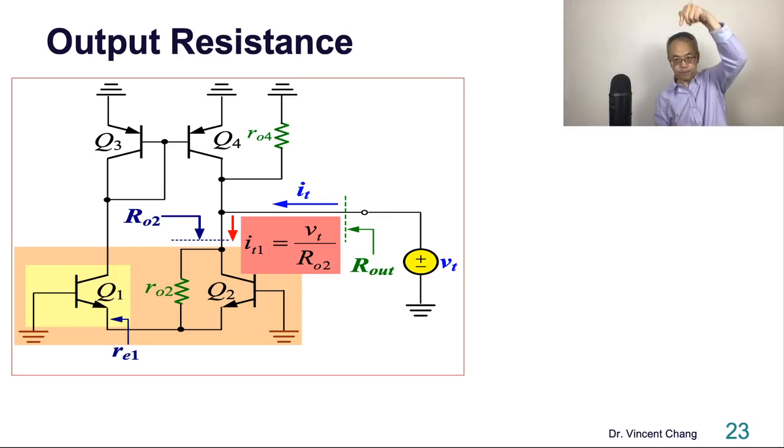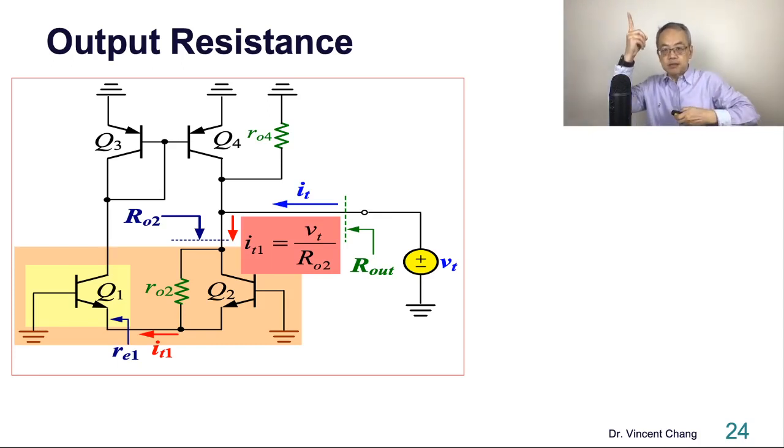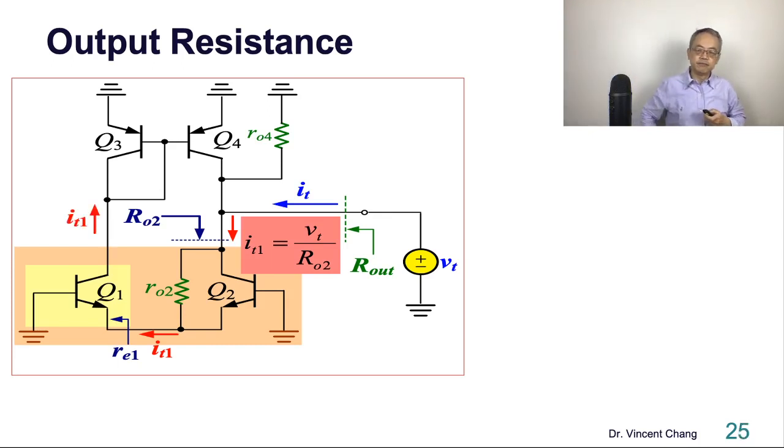So there's a current. And then this red current will go this way, right? In equals out, KCL. And then the current will keep flowing up here. Current mirror.